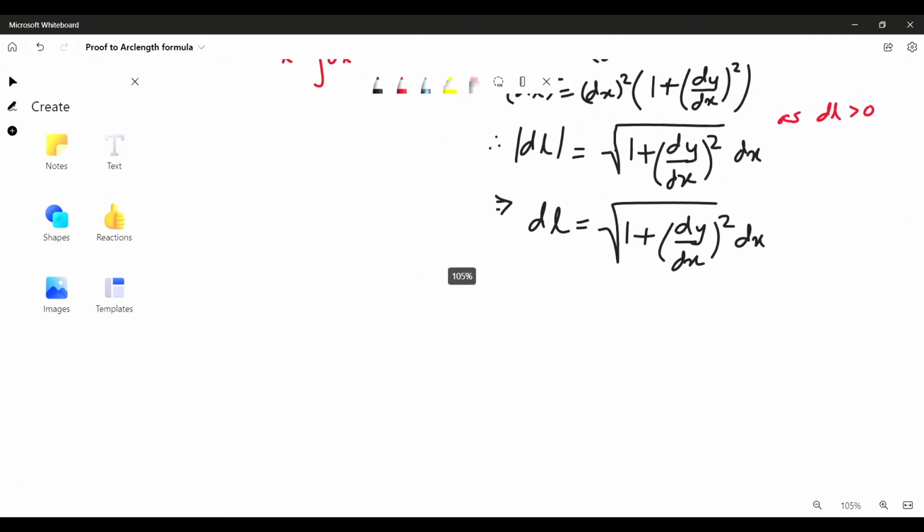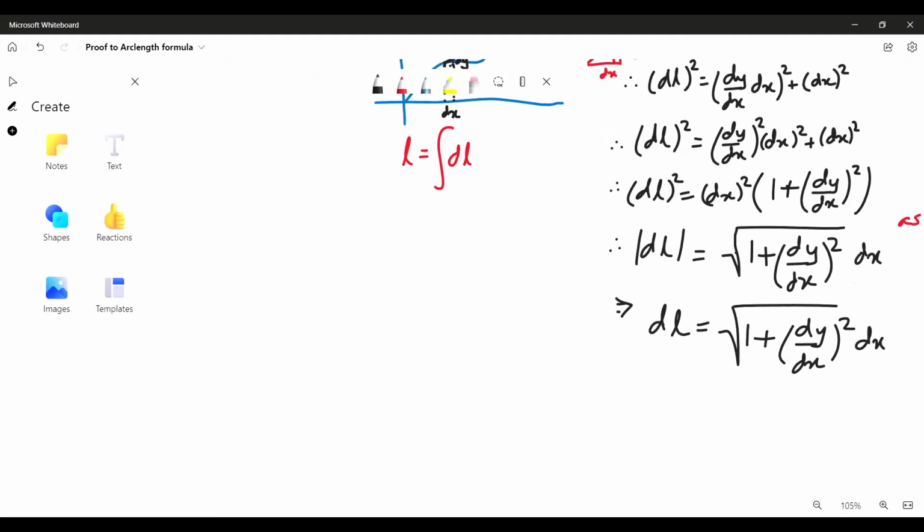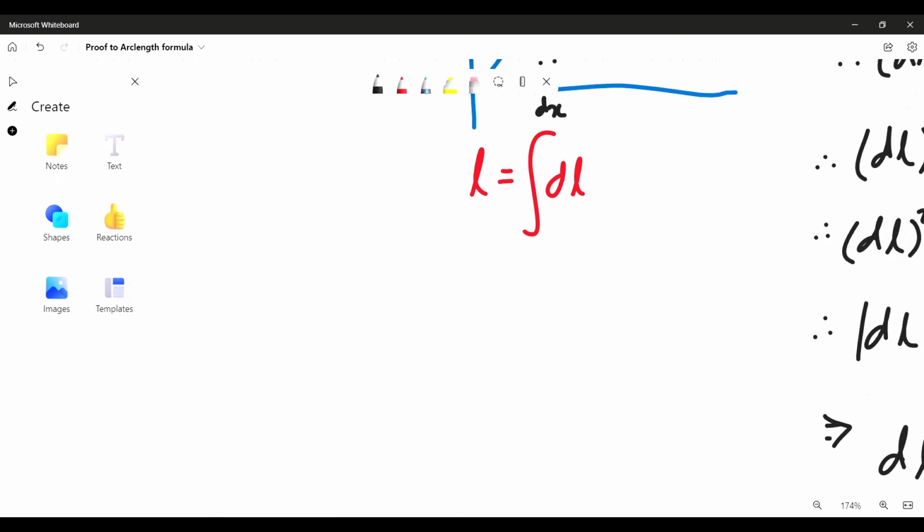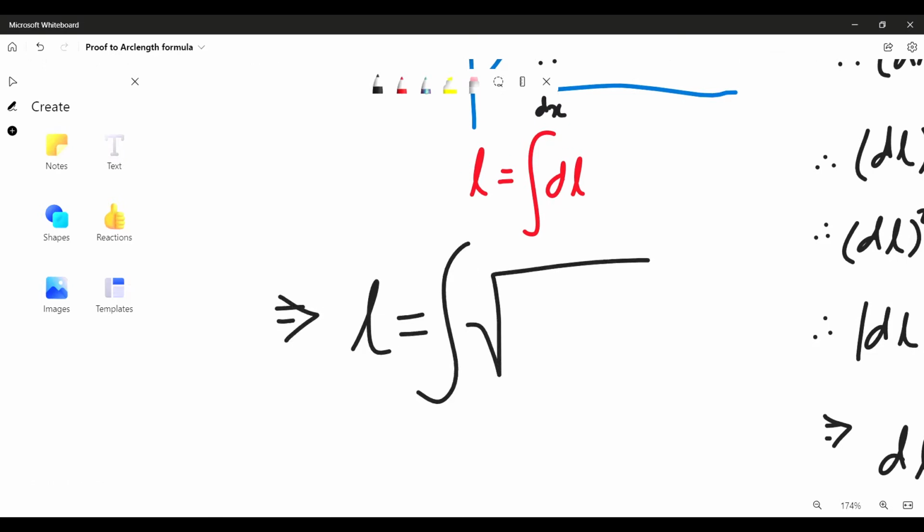Hence we just substitute that into our formula for length, which was L is equal to the integral of dl, so L is equal to the integral of root of 1 plus (dy over dx) squared, with respect to dx.